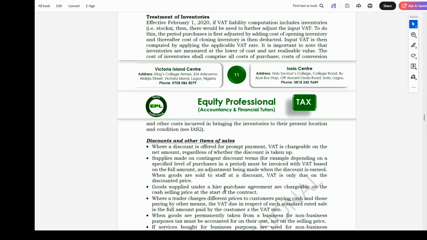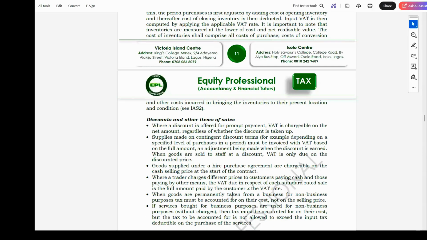Then when goods are permanently taken from a business for non-business purpose, tax must be accounted for on their cost. So an item that you have purchased for the purpose of the business, you are now taking it for your personal usage. When you are taking it, you must also account for the VAT on that item.